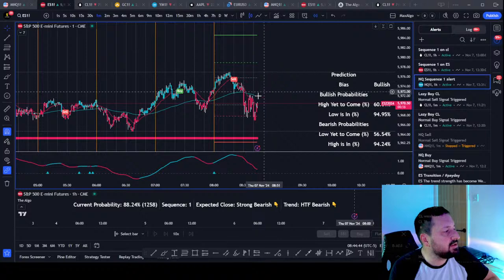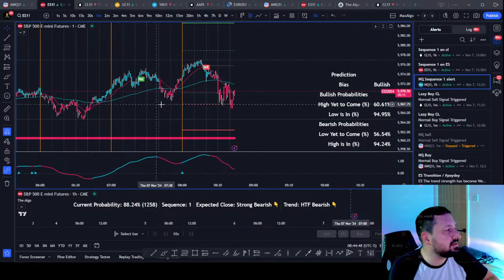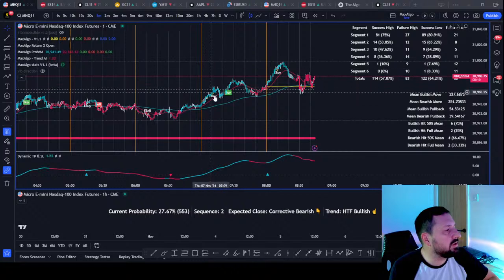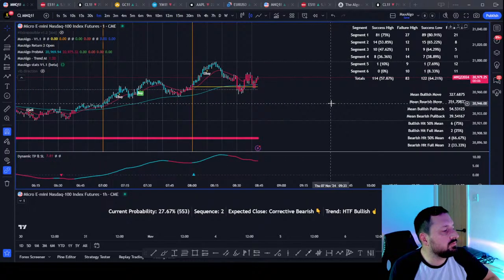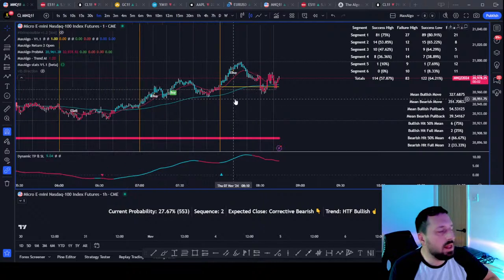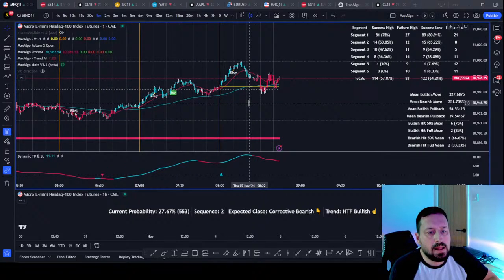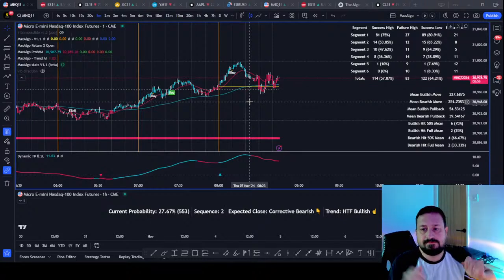Potentially we might return to that open. We'll see. Not in this hour. Yeah, we've got 15 minutes. Could still do it. Let's see what NQ does. Corrective bearish. Lovely.